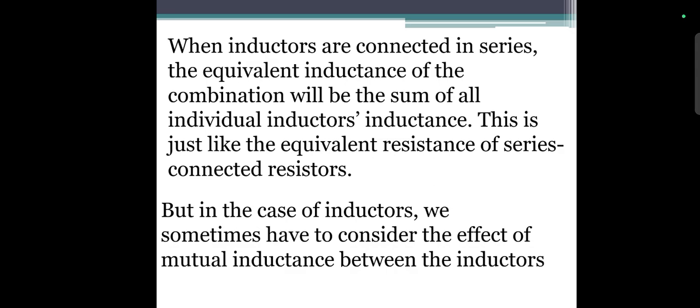But in the case of inductors, we sometimes have to consider the effect of mutual inductance between the inductors.